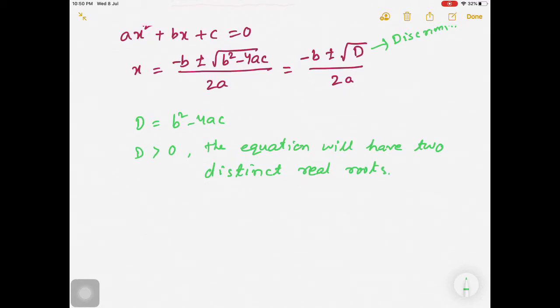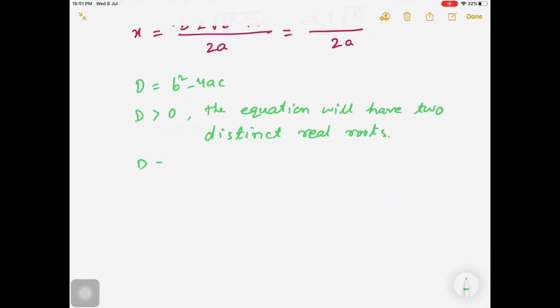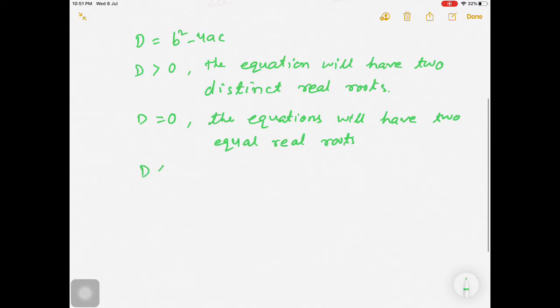If D equals 0, the equation will have two equal real roots, and if D is less than 0, we have no real root. So the equation will have no real roots.